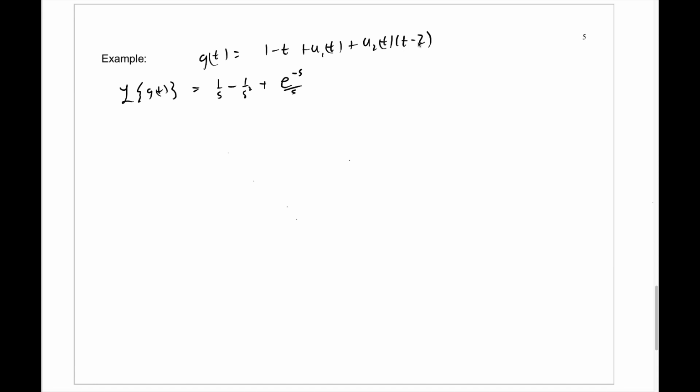This is just a shifted version of the function t, shifted by 2. So we just take the Laplace transform of t, which is 1 over s squared, and we multiply it by e to the minus 2s, like that. And there we have it. That full thing is the Laplace transform of g of t.